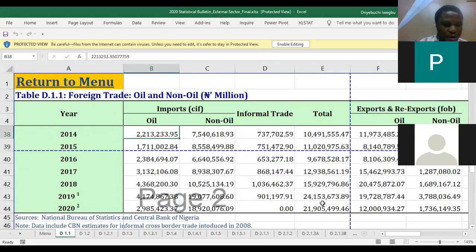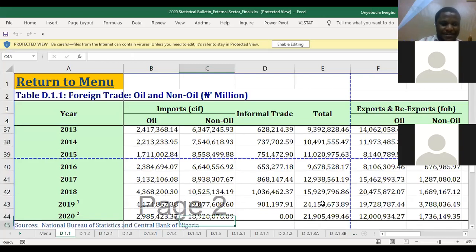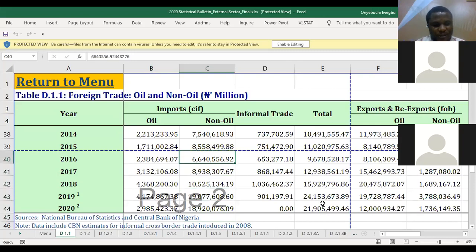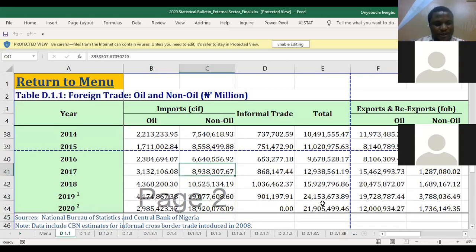This is from 1981 to 2020, but let's just consider from 2015 down to 2020. You see that for importation, the non-oil import is about 18 trillion. You can see it in 2020, 18 trillion.